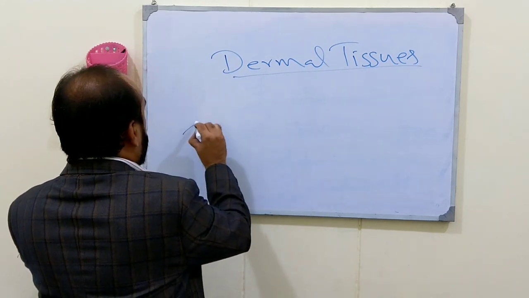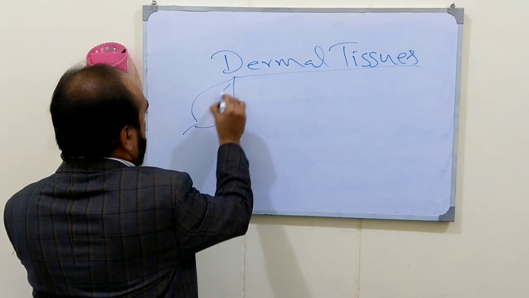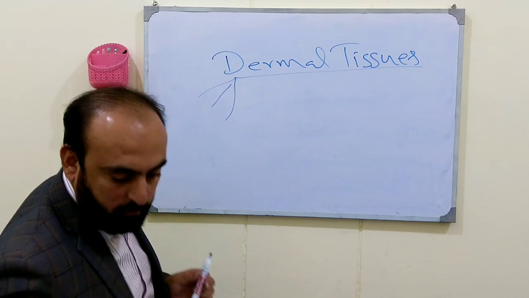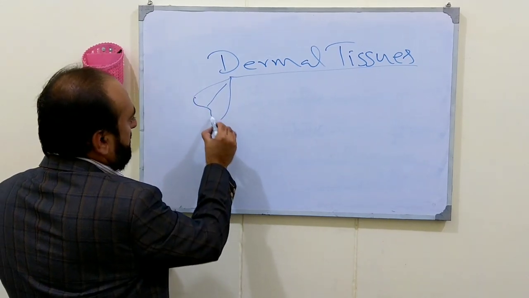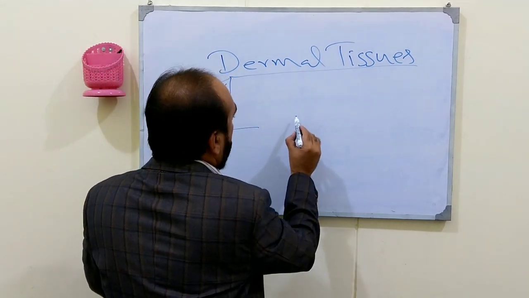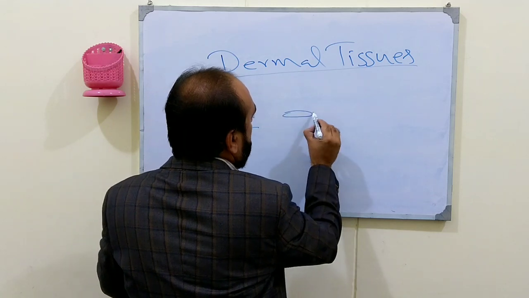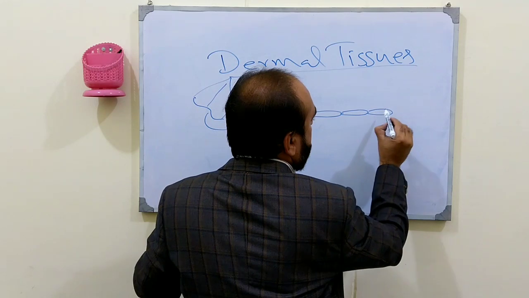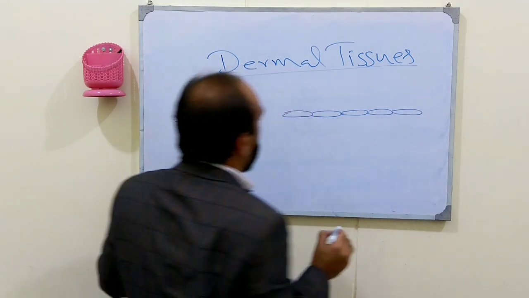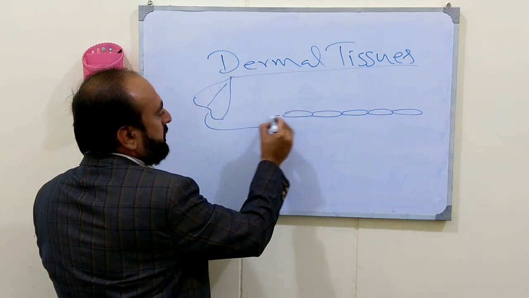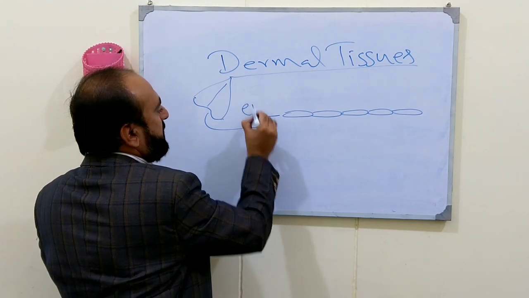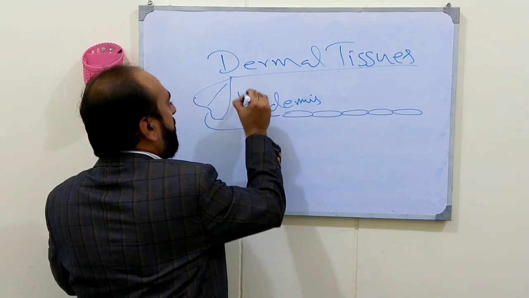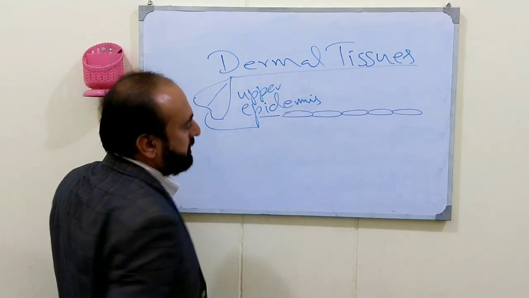If we look at a cross section of a leaf and draw it here, we see a single cell layer of elongated cells. This is called the epidermis, or upper epidermis.